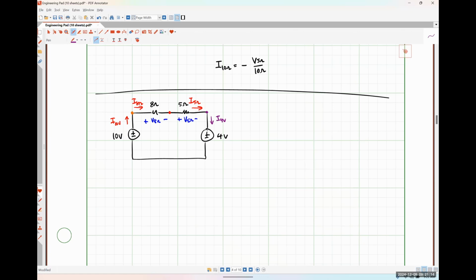So we can modify our definition of what constitutes being in series: instead of two elements connected to each other where they don't have any branching paths, now it's all elements connected together without branching paths that carry the same current. So all 4 of these elements are considered to be connected in series.